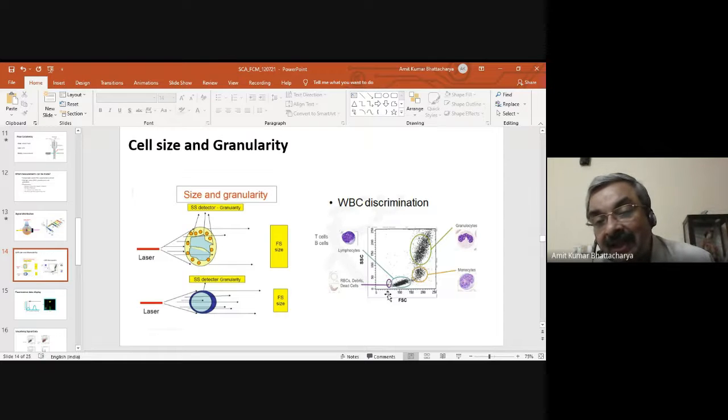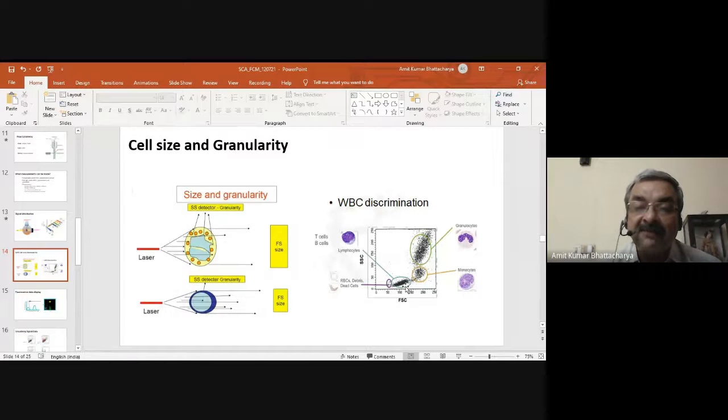So RBCs have a low forward scatter value, and lymphocytes, with a size of around 7 to 8 or 9 microns, have more forward scatter. And then you see monocytes.